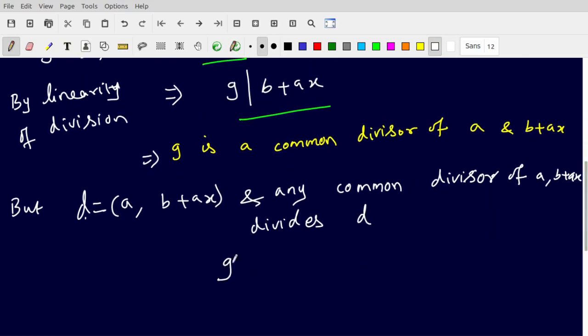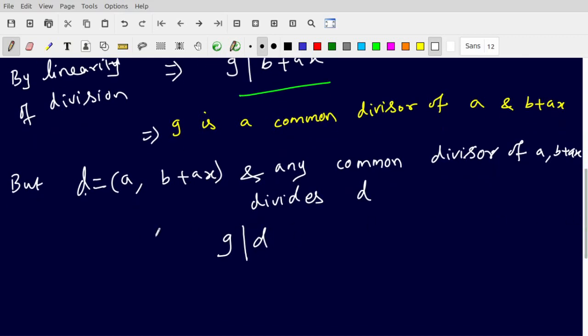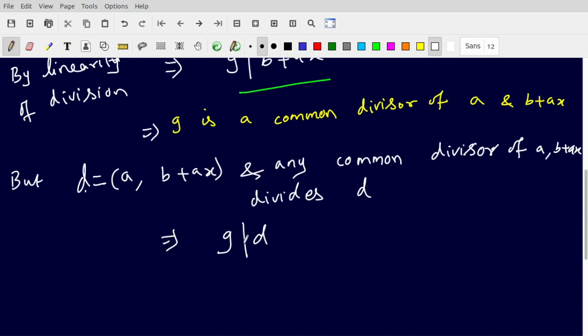Here G is a common divisor, so G divides D. We know that the greatest common divisor is always positive, so by the comparison property, G is less than or equal to D. This is equation 1.